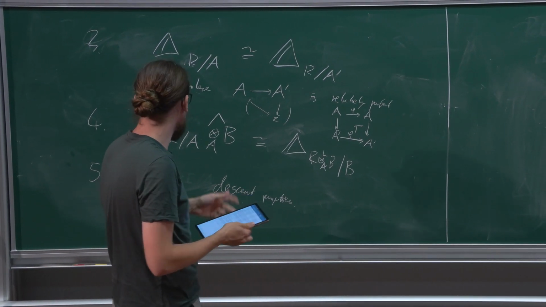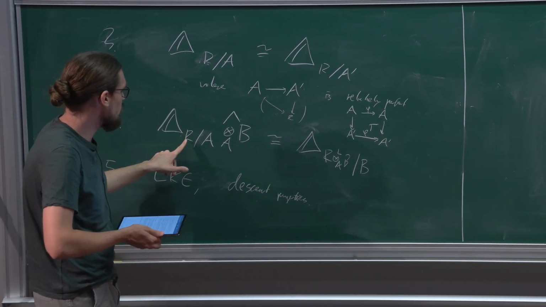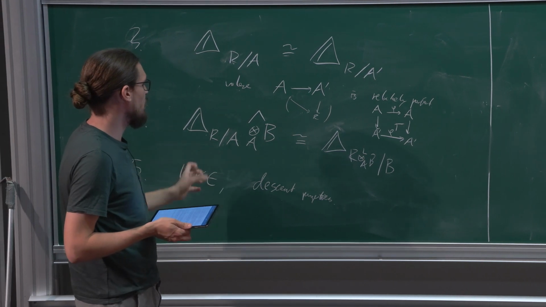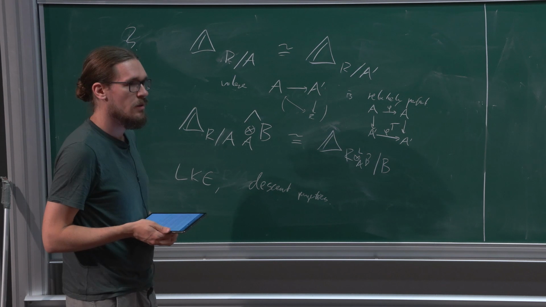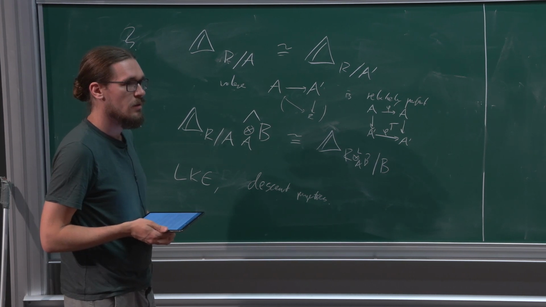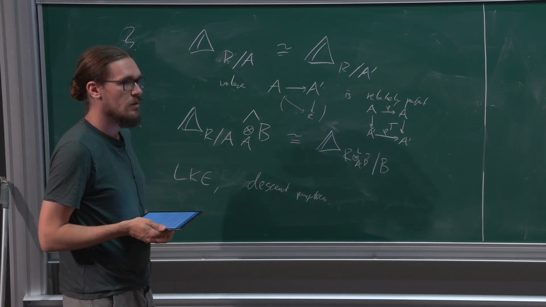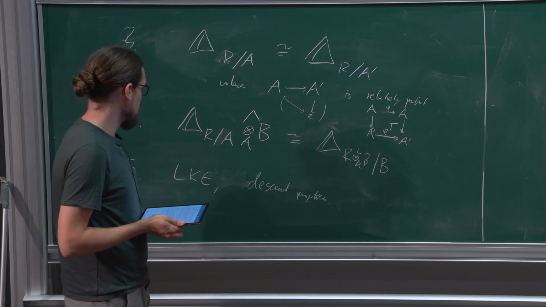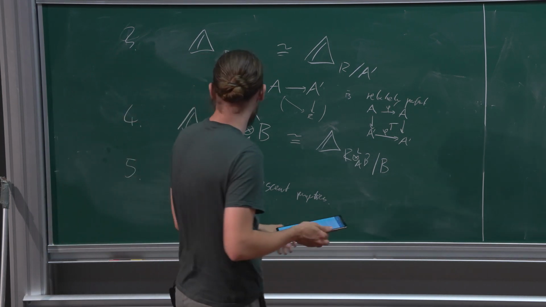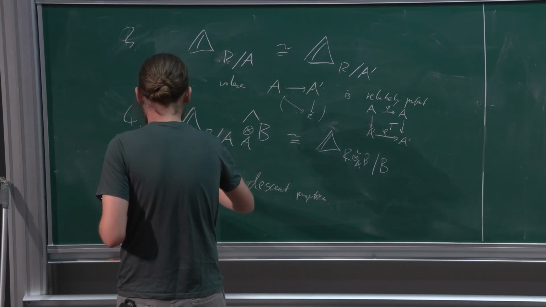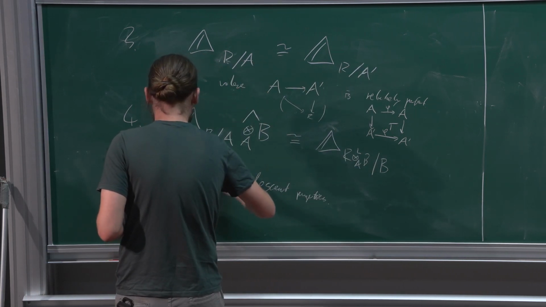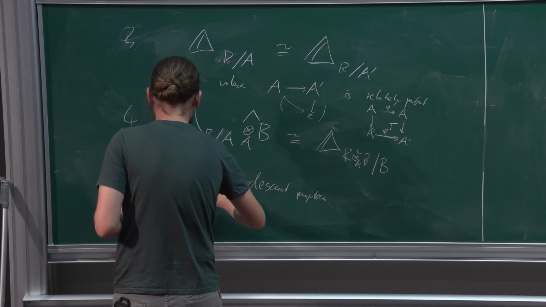Yes, if you fix the base delta ring, then it's also left Kan extended from polynomial A-algebras. And it commutes with filtered colimits, or even sifted. Yes, sifted. Commutes with sifted colimits. Maybe I should have written that instead.